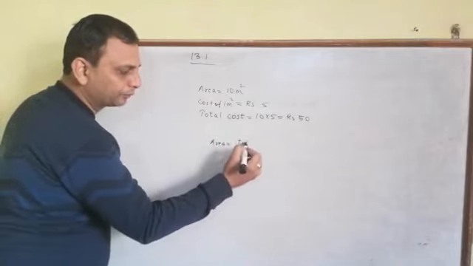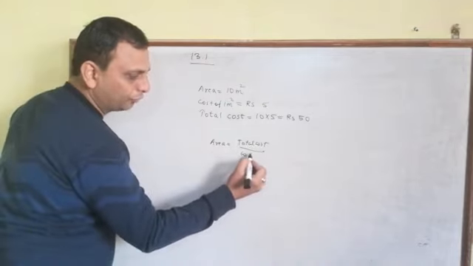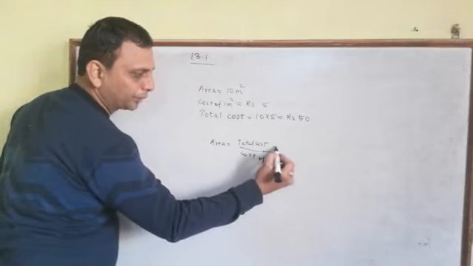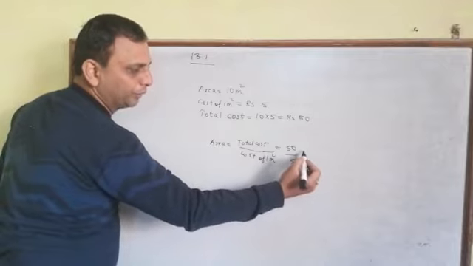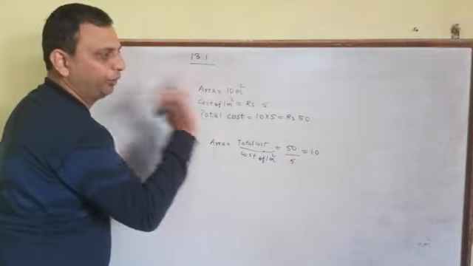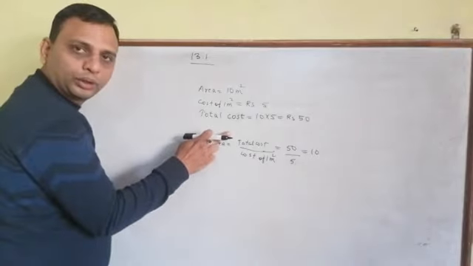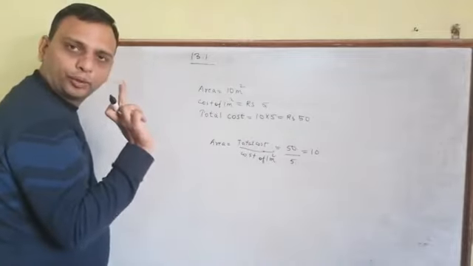Total cost divided by cost of 1 meter square. Total cost is 50 rupees and cost of 1 meter square is 5, so we get 10. So to find the area, if we divide total cost by the cost of 1 meter square, we will get the area. I hope you understood.